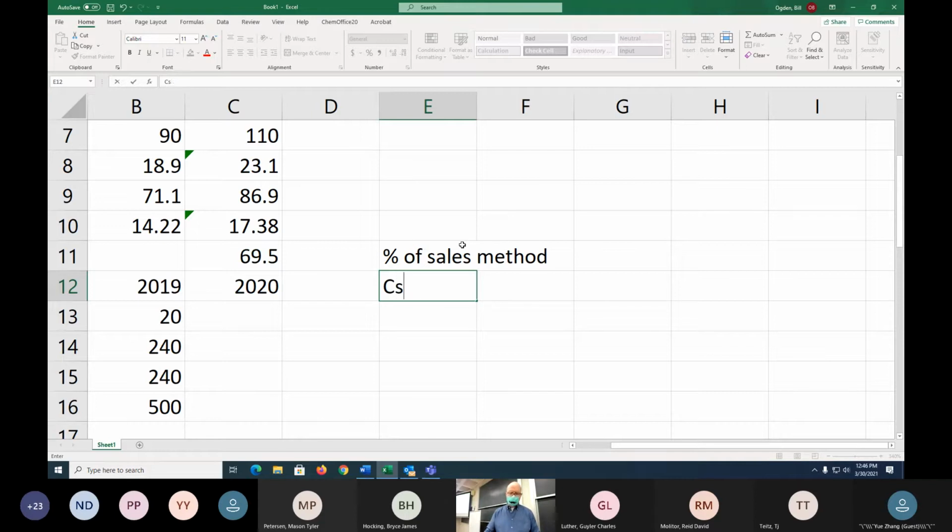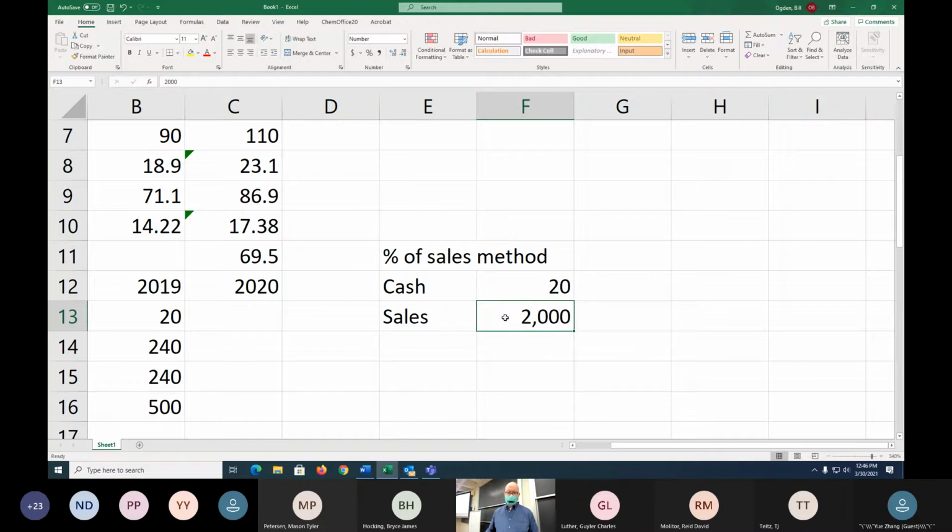We're going to go back and do this anyway, but let me just show you. Cash. So cash for 2019 was 20. Okay, so sales for 2019 were 2000.